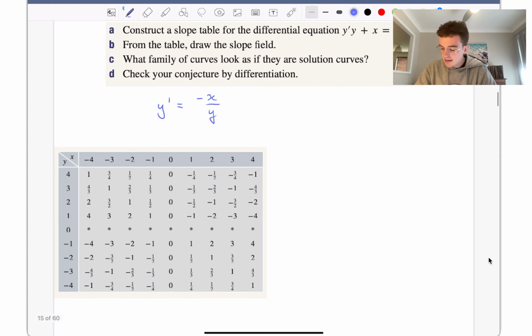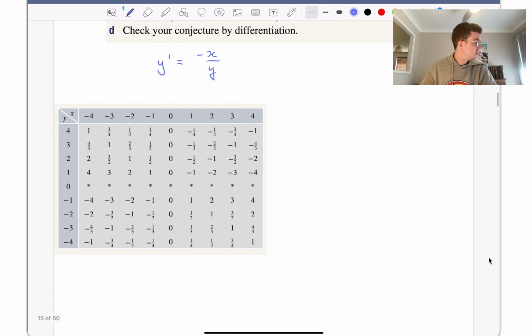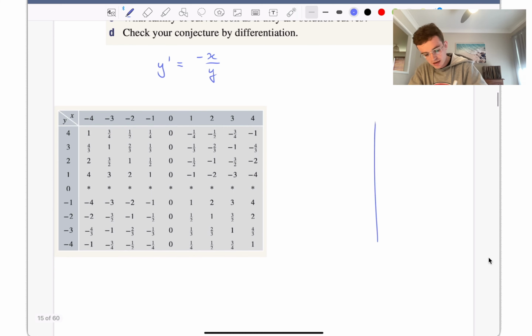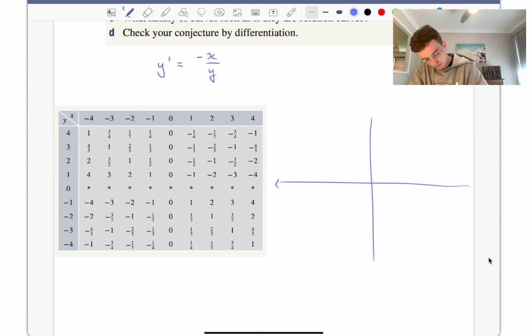Okay, so here we've got a completed table, and we're going to use this table to construct a slope field. To construct a slope field, we're simply going to draw a Cartesian plane, and we're going to graph these solutions.